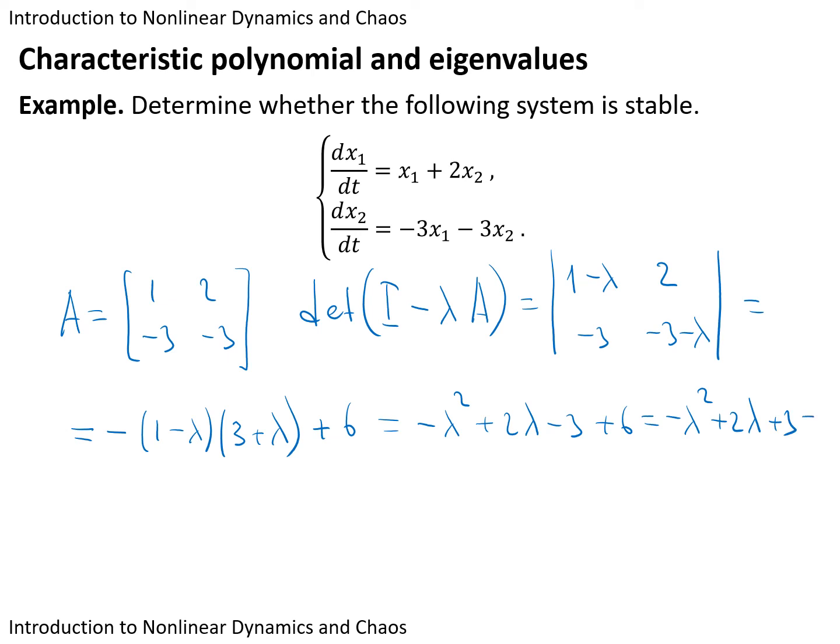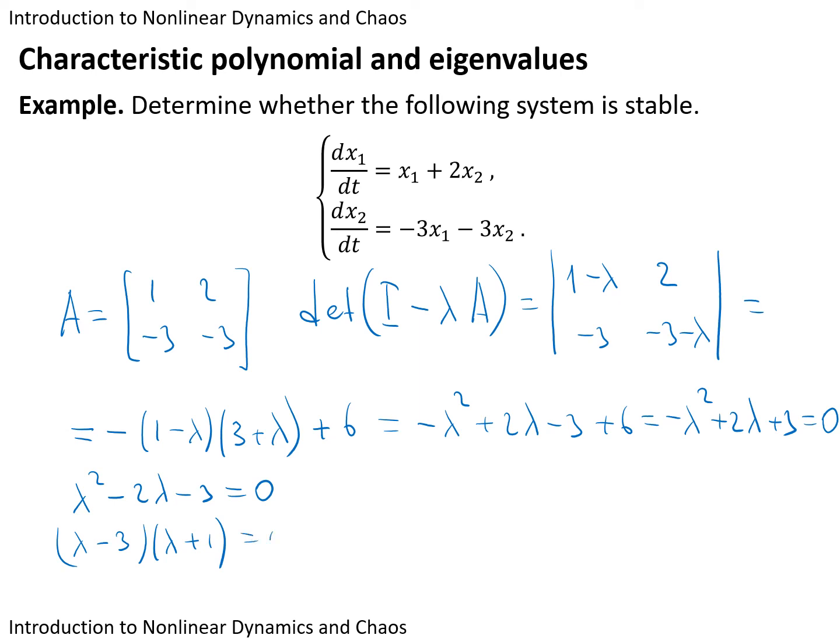And now we need to equalize it to 0. So if we solve this equation, we will find the eigenvalues. If we equalize it to 0, this is the same as lambda squared minus 2 lambda minus 3. And if we factor this, we will have the following: lambda minus 3 and lambda plus 1.